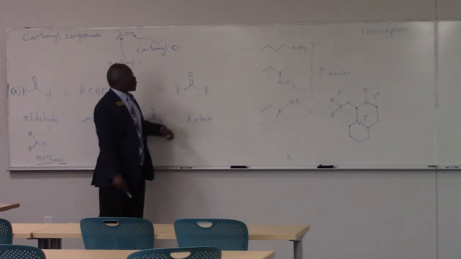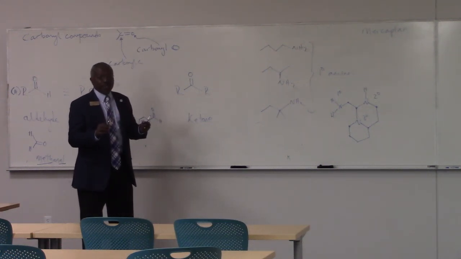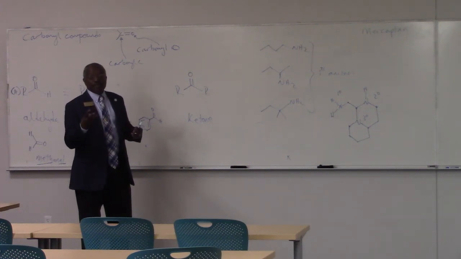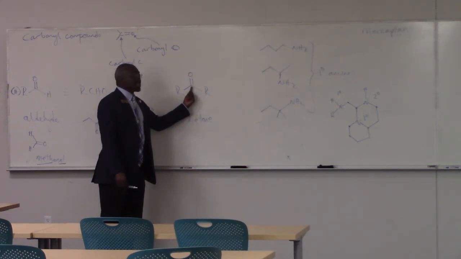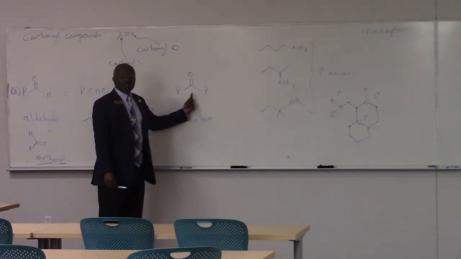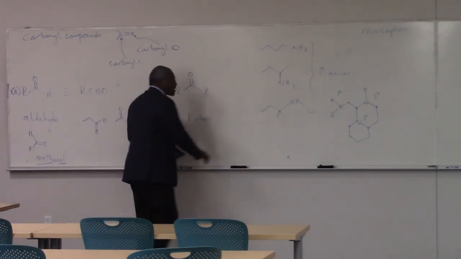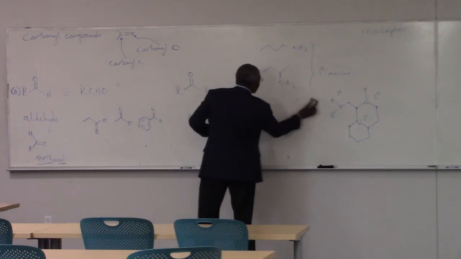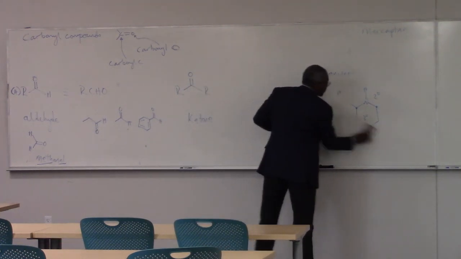So what it means is the simplest ketone must have 3 carbons. Since the carbonyl group must be flanked by carbons, there must be at least 1 carbon on each side. So the simplest ketone has 3 carbons, which is interesting because the simplest aldehyde can have only 1.